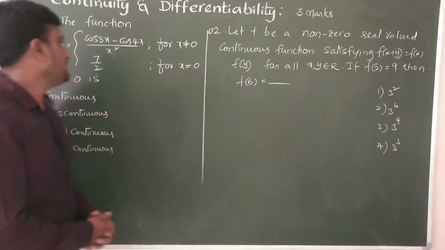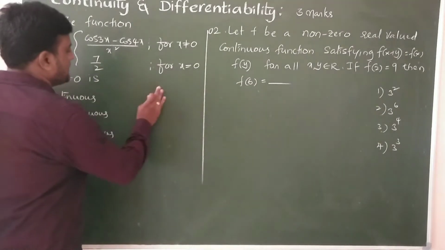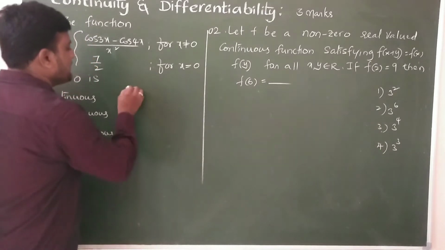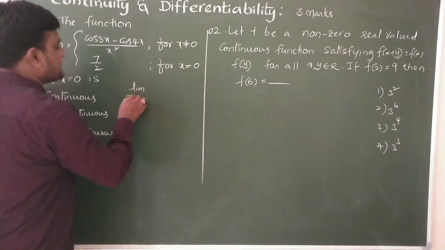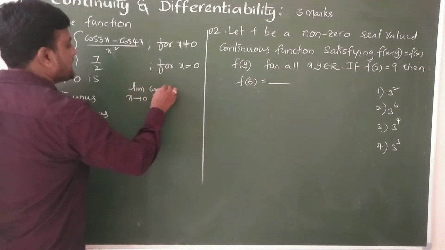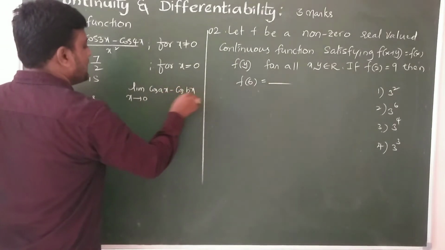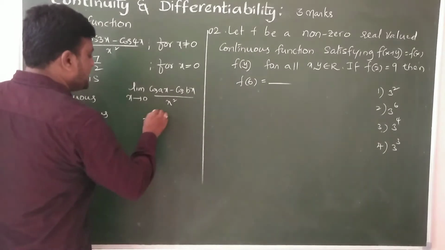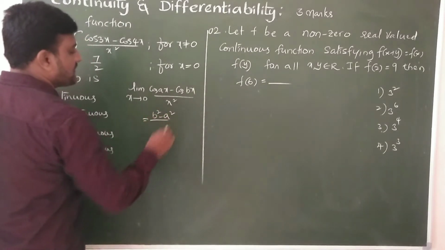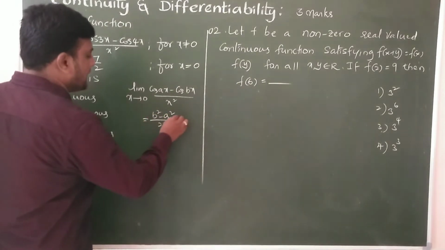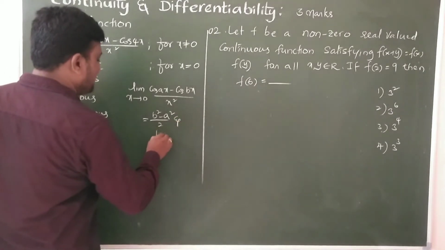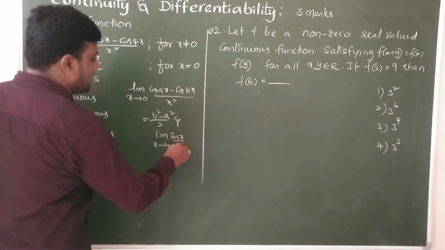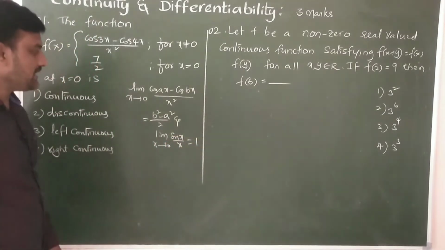Let us check the problem. Here we can follow 2 hints. One hint: limit x tends to 0 of cos ax minus cos bx by x square equals b square minus a square by 2, and limit x tends to 0 of sin x by x equals 1.